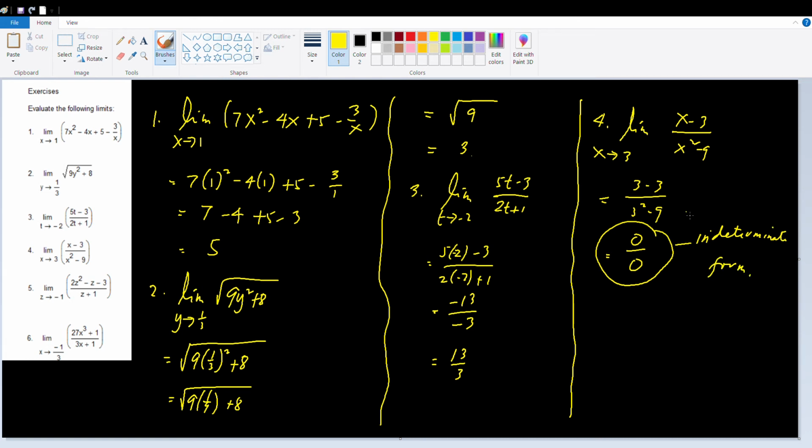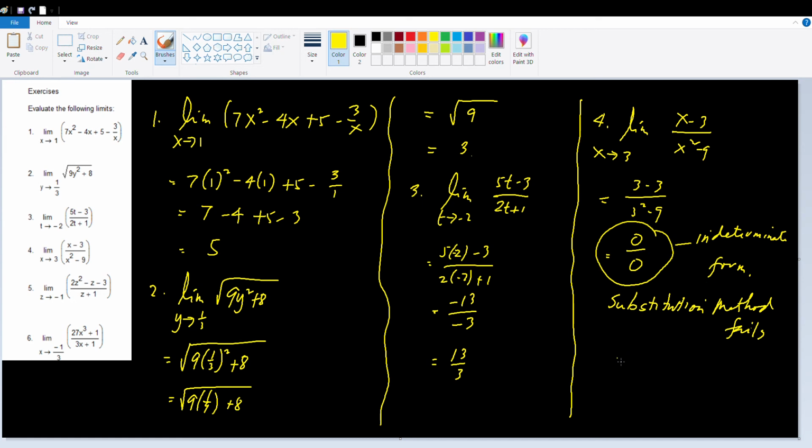So in this case, the substitution method fails, because you cannot have an indeterminate form as an answer to a limit. Our limit must be definite. So we cannot have an indeterminate form.